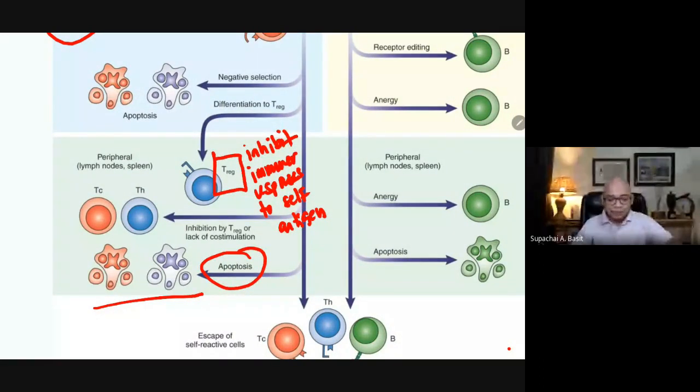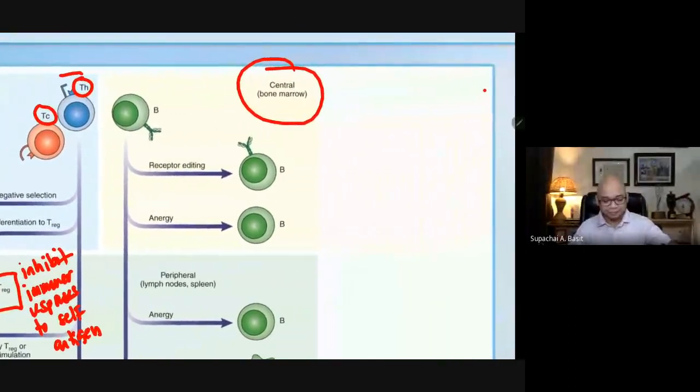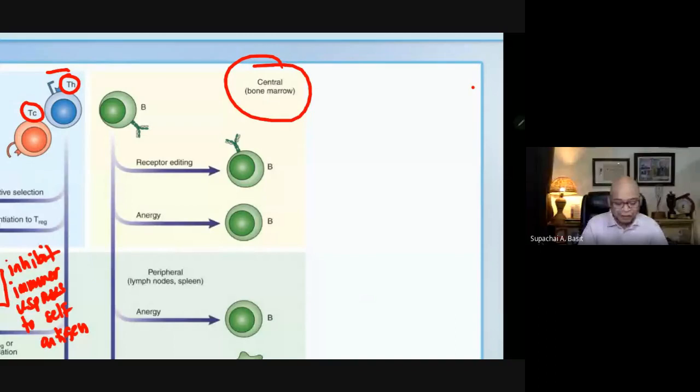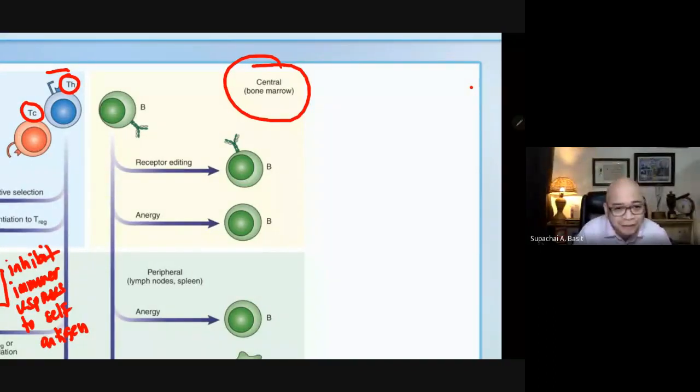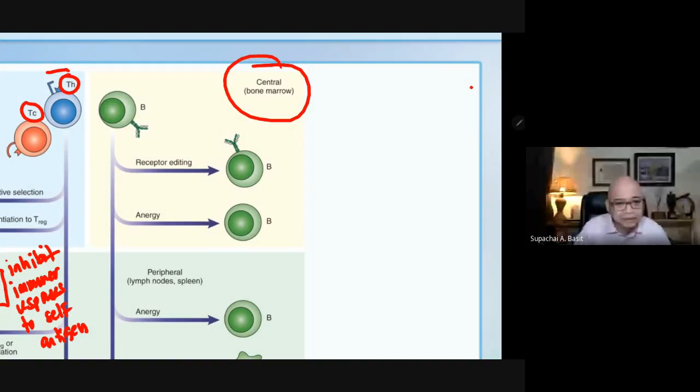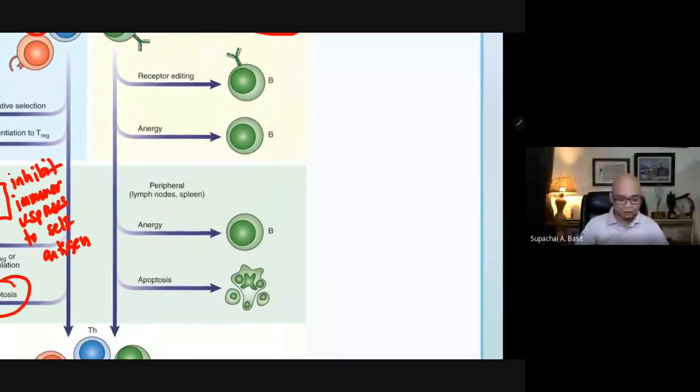Now, let's take a look at the B cells. If B cells produce BCR, again, when we say BCR, we are referring to the B cell receptors that bind strongly to self-antigen in the bone marrow, they are also deleted by apoptosis by means of negative selection.